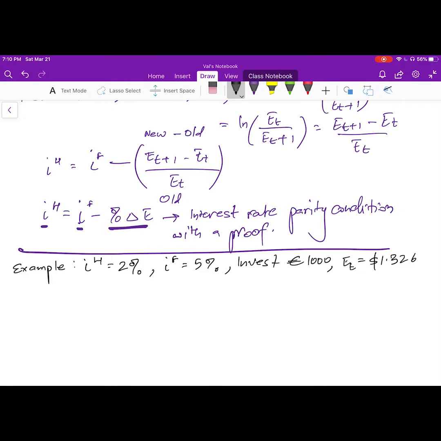Well, here's a trick. The trick is you don't even need to know any math, because the proof we did here tells us, let's plug and chug. 2% equals 5% minus the percentage change in the exchange rate, which the only way this condition is met is if you have a 3% here.